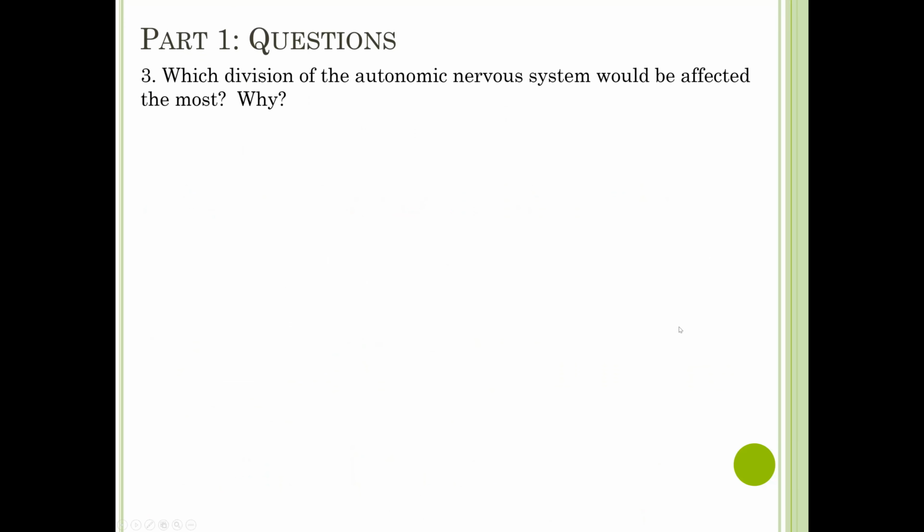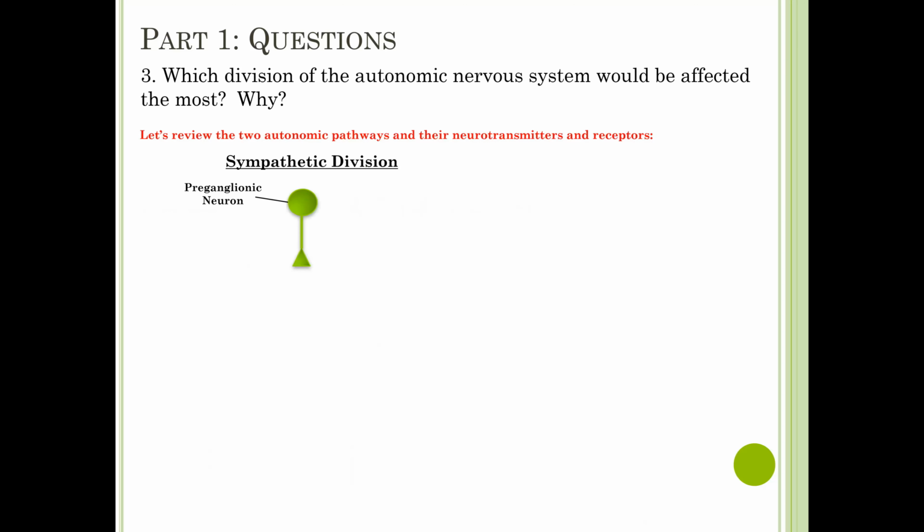Question number 3. Which division of the autonomic nervous system would be affected the most and why? So let's review the 2 autonomic pathways and the neurotransmitters and receptors that they use. If we start with the sympathetic division, we have our preganglionic neuron, which leaves the spinal cord and travels out to a peripheral ganglion.